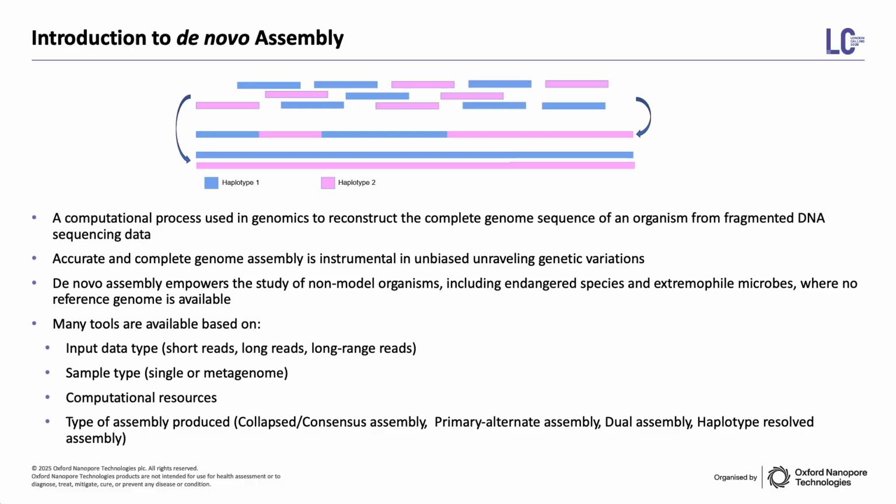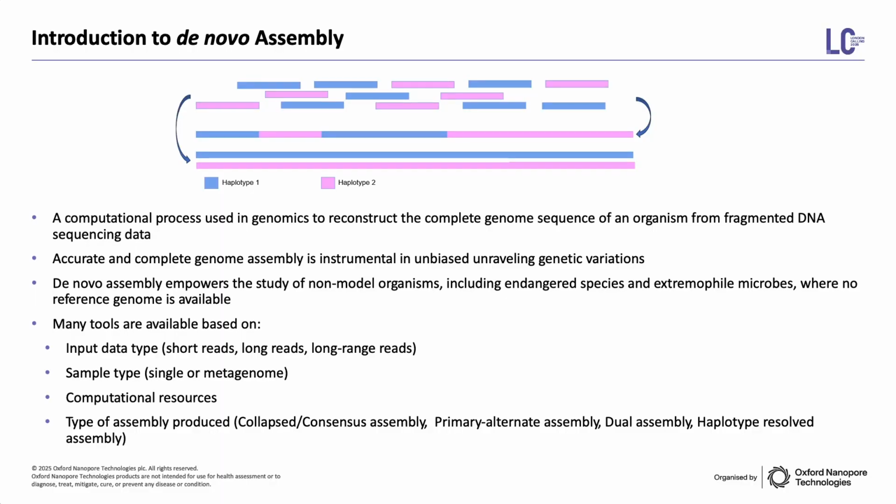Taking a diploid as an example, we have two different methods. One is a haploid version of the genome where we merge both the haplotypes and have a single genome. But with technological advancement, now we are able to distinguish those two haplotypes and construct a truly diploid genome where we have the maternal and paternal haplotypes separated.